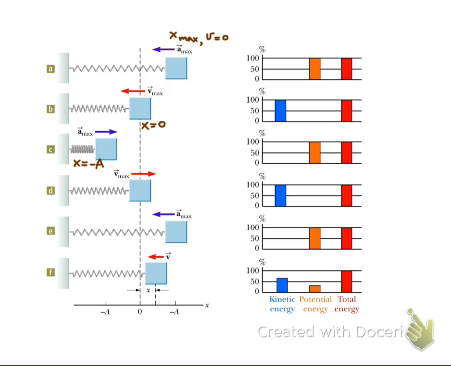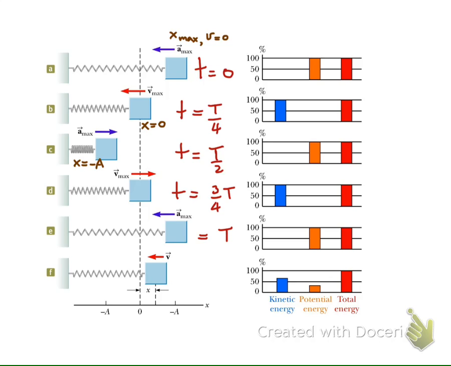Okay, so we may write the time here: t is equal to 0, t is equal to T over 4, this is t equal to half of T, this is 3/4 of T, and this is one period.